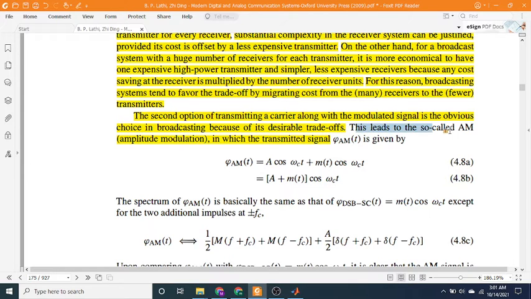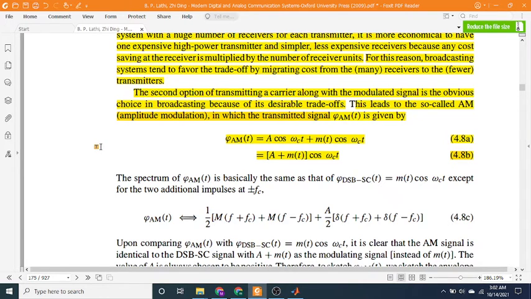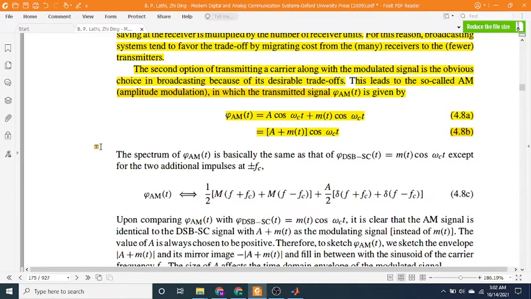This leads to the so-called AM, amplitude modulation, in which the transmitted signal φAM(t) is given by φAM(t) = A cos ωct + m(t) cos ωct = [A + m(t)] cos ωct (4.8a).